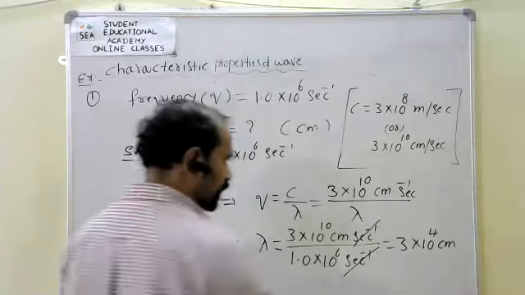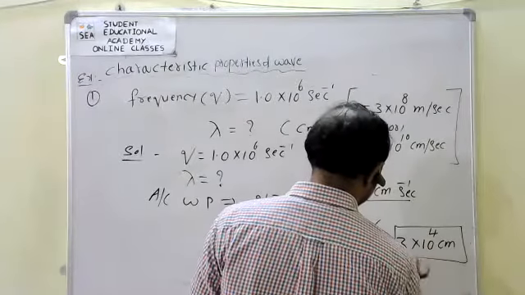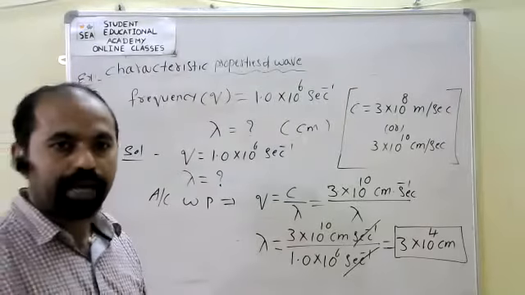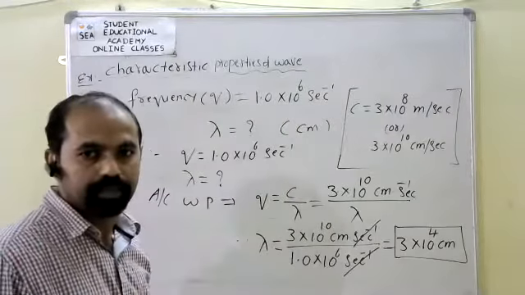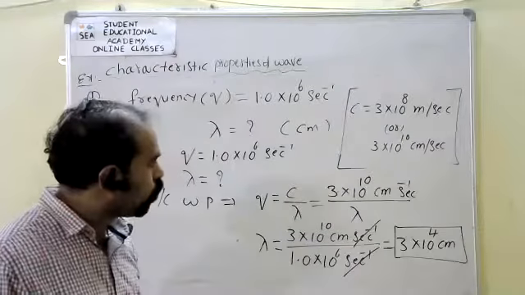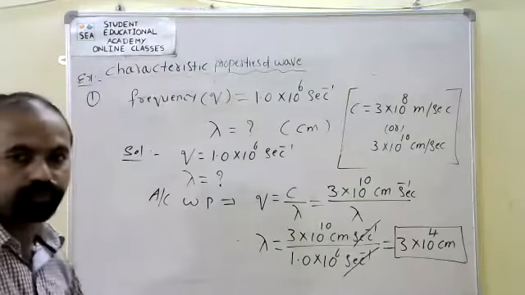That is the correct answer. The wavelength of given light frequency, we get 3 into 10 power 4 centimeters. Write down all of you.